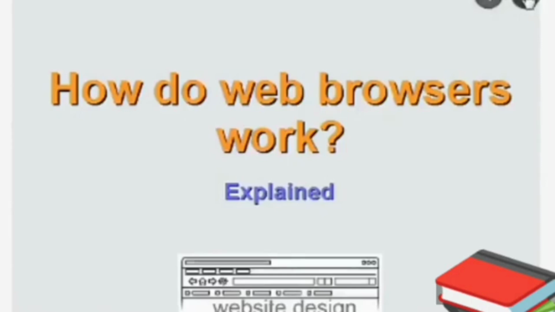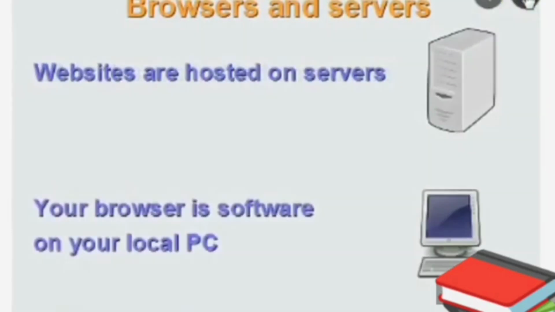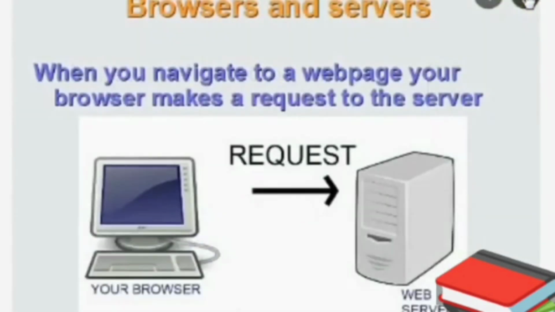Now let's see how a web browser works. Browsers and servers. Websites are hosted on servers. Your browser is software on your local PC. When you navigate to a web page, your browser makes a request to the server.